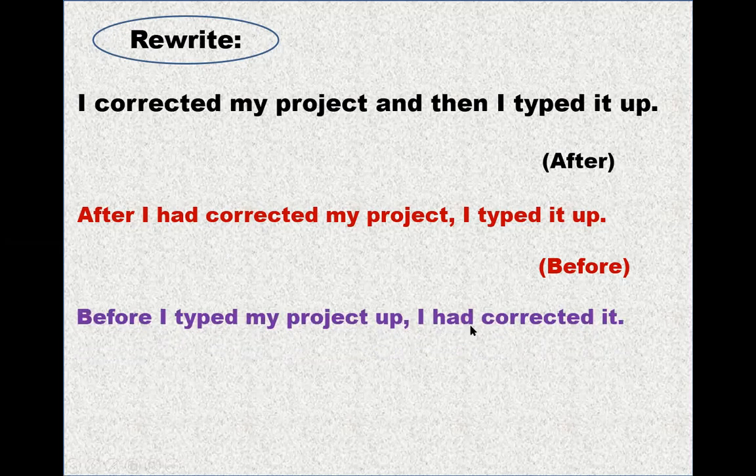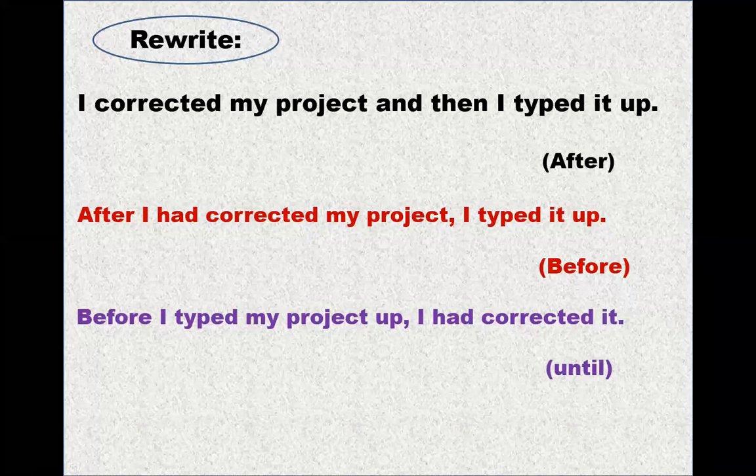Excellent. The first action must be in had and past participle form, which is the past perfect simple. Also, he wants you to join the same two sentences, but this time by until. I corrected my project and then I typed it up. What is the rule of until?